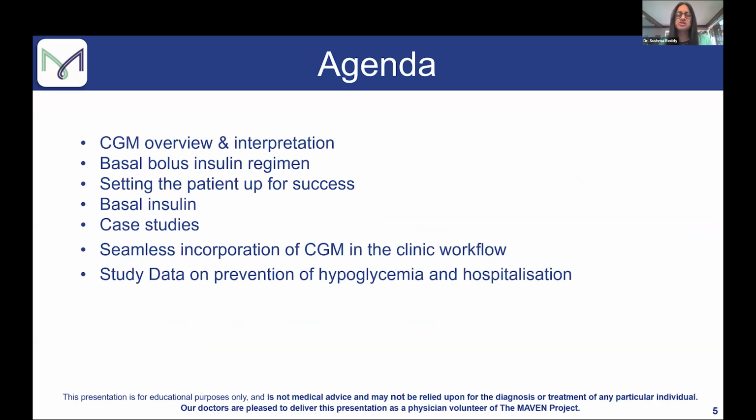What I'm going to do first is go over the CGM overview and interpretation. We'll then move on to adjusting insulin for basal bolus regimens using CGM, setting the patient up for success, going over basal insulin, some case studies, and some of the clinical evidence. I'll stop at different points to answer questions you might have that pertain to that section.